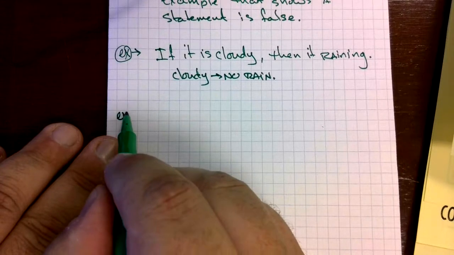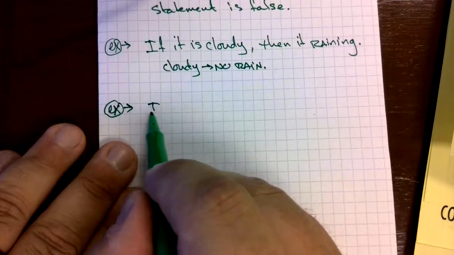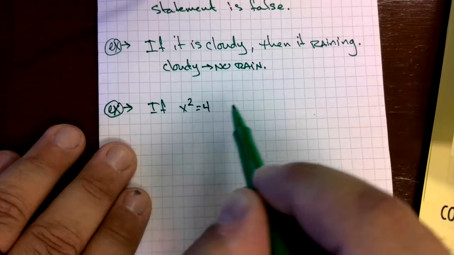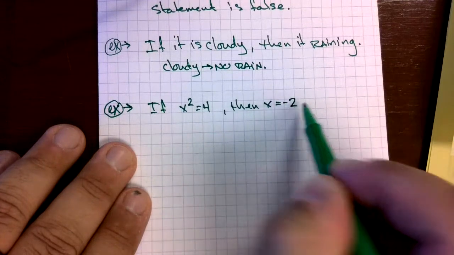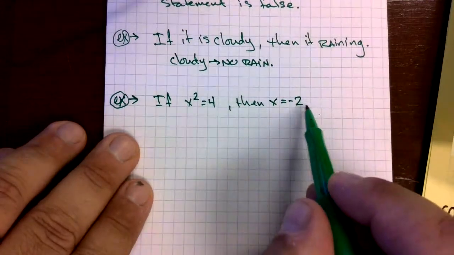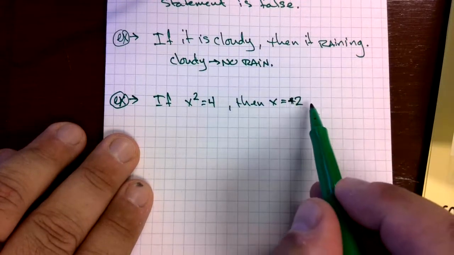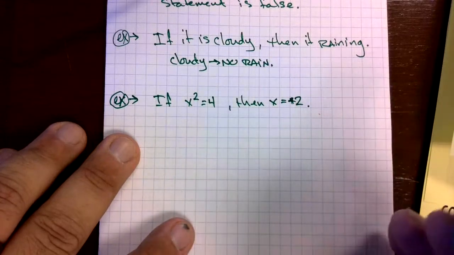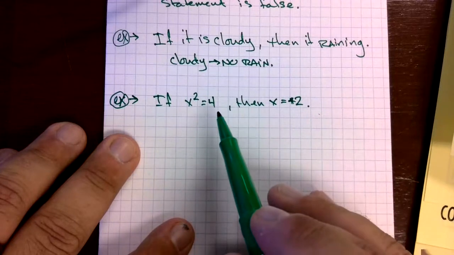Now, another one, this is more of a mathy one. If x squared equals 4, then x equals 2. And what you might look at that and say is, oh, well, yeah, x equals 2. x squared is 4. x has to equal 2 because 2 times 2 is 4.